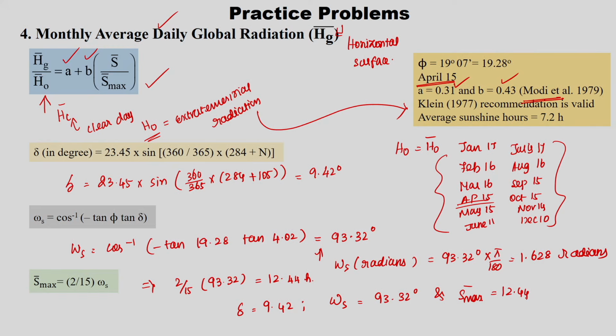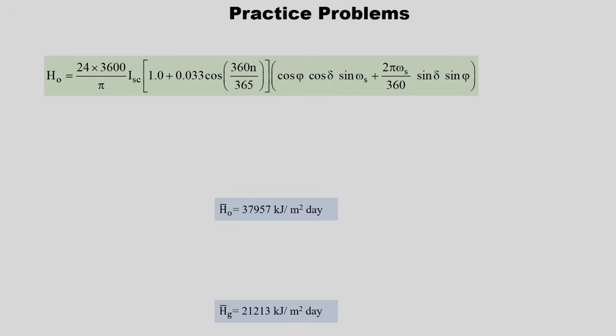Using this we will go on calculating H naught. Otherwise, we are given the A and B values, and we were also given the average sunshine hours for this particular location, which is 7.2 hours.